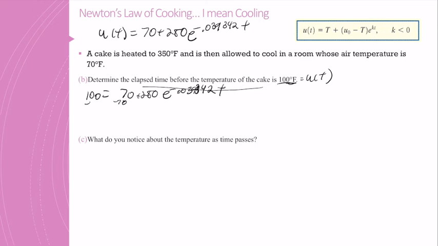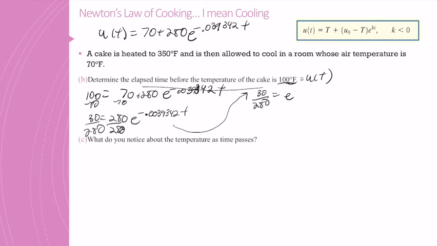I subtract 70 from both sides, and I get 30 equals 280 e to the negative 0.039342 t, and I divide both sides by 280. This gives me 30 over 280 equals e to the negative 0.039342 t, and I take the natural log of both sides.